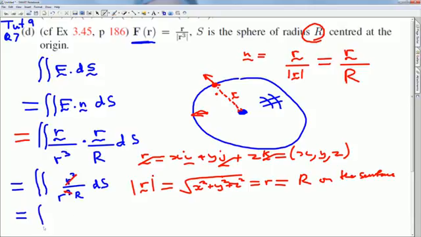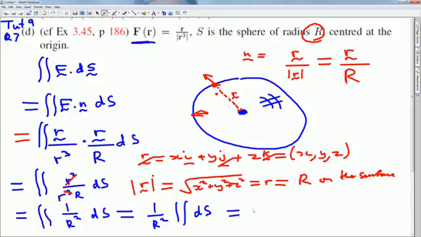And then the other thing is on the surface itself, little r is just equal to capital R, which is a fixed radius. So little r is a variable, so it really does depend upon the position, but capital R is fixed. And since capital R is fixed, I can factorise it out of the integral. And therefore we've got 1 on R squared times the integral over the whole surface area.